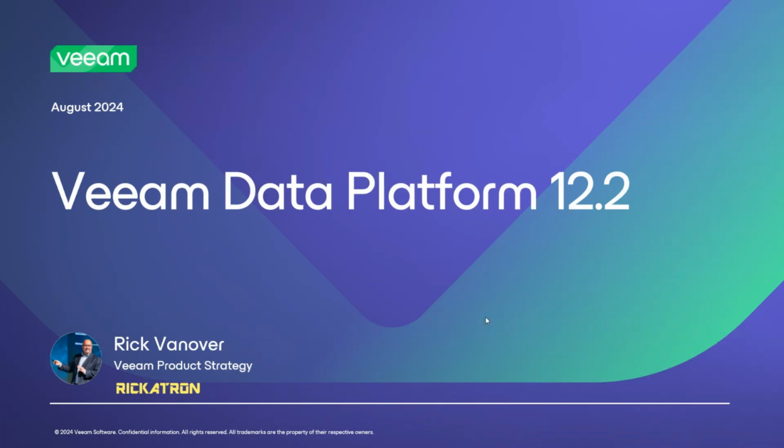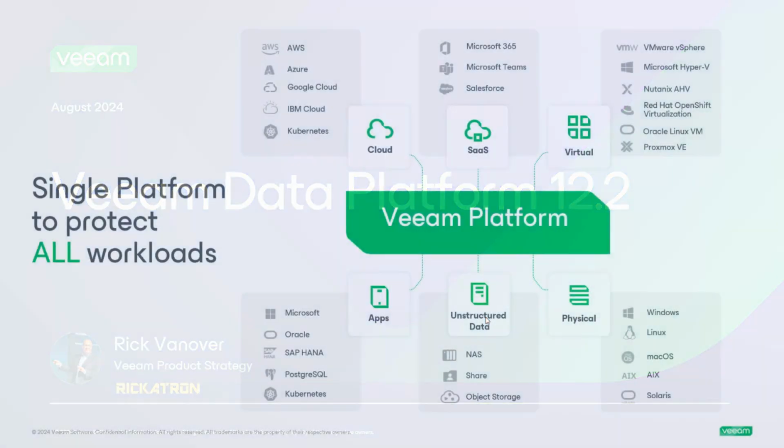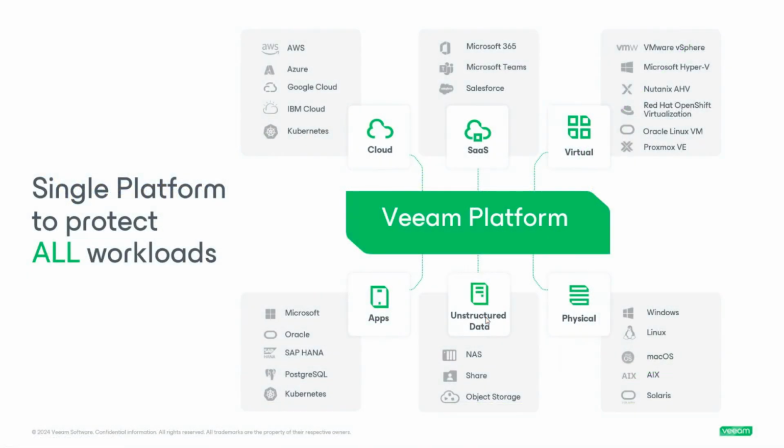So 12.2 is the latest release of the Veeam Data Platform. And if you've not heard of the Veeam Data Platform, what is it? Well, it is a combination of three primary products: Veeam Backup and Replication, Veeam One, and Veeam Recovery Orchestrator. They collectively have extensions, for example, to extend into software as a service, or into the hyperscale public cloud and Kubernetes.